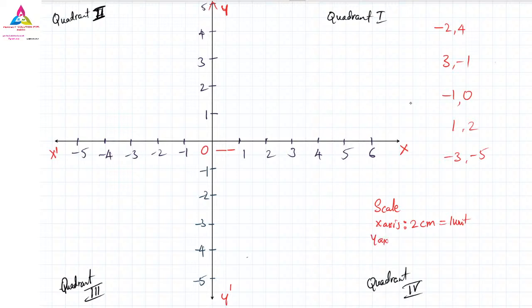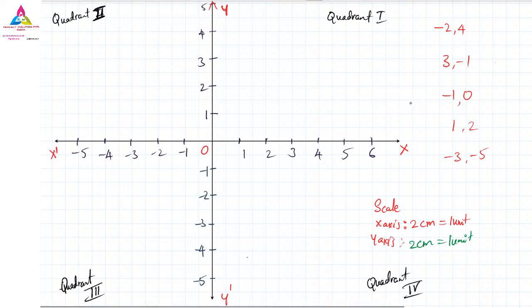Similarly, in y-axis also I have left 2 cm equals 1 unit. So how much centimeter you have left, you have to take. If you have left 1 centimeter, one block, you have to write 1 centimeter 1 unit. If you have left 2 lines gap, you have to write 2 centimeter.